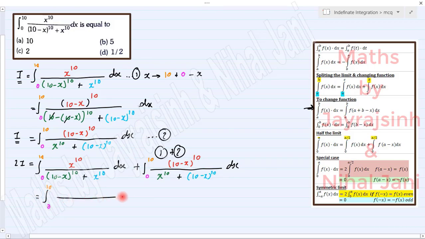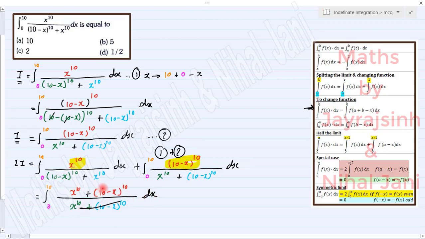So we can say your denominator will be as it is, which is x raised to 10 and 10 minus x to 10. And we just have to add their numerators, which is x raised to 10 and 10 minus x raised to 10.